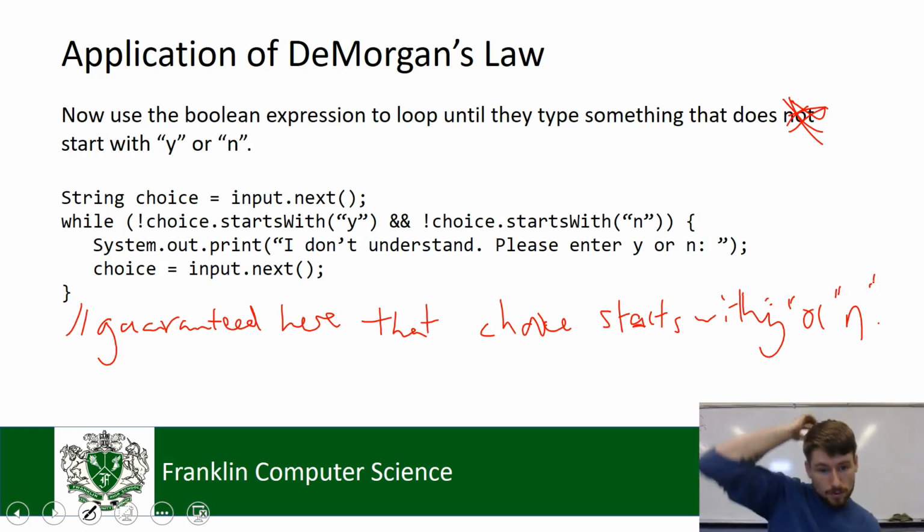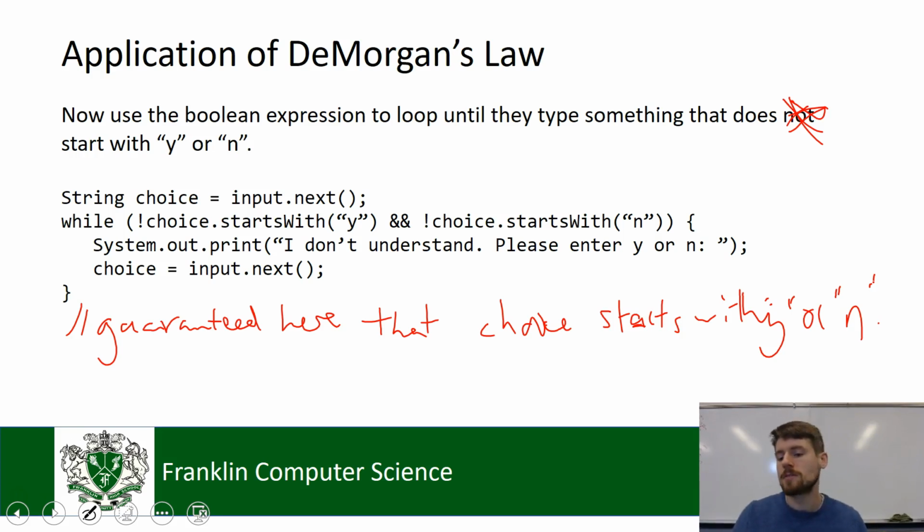So we're guaranteed at this point, after the while loop, that the choice is going to start with one of those two letters, and so then we can handle conditional code afterwards, because we can say, okay, if they said y, we're going to do this, and if they said n, we're going to do that. And if we didn't have this input validation, then our code might work incorrectly, because we wouldn't know how to handle something that wasn't y or n.